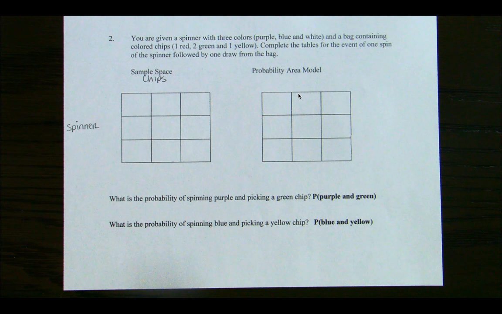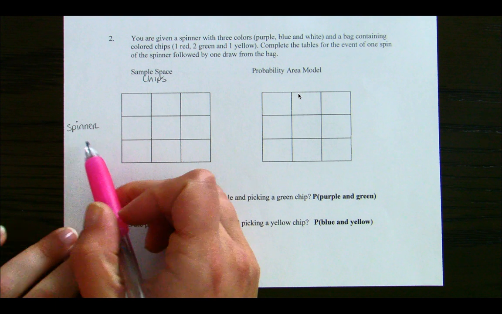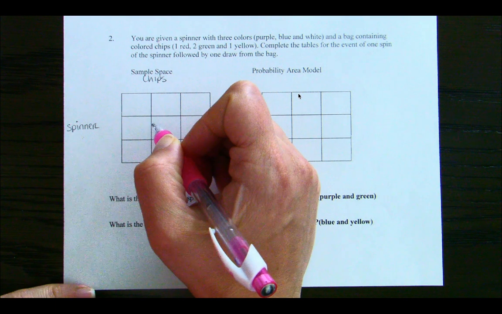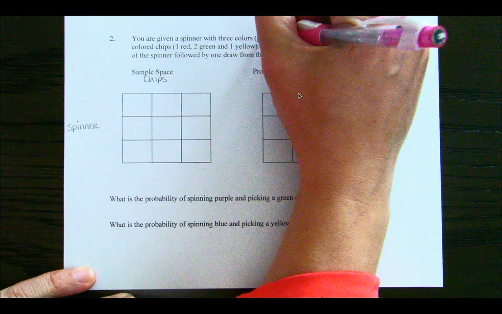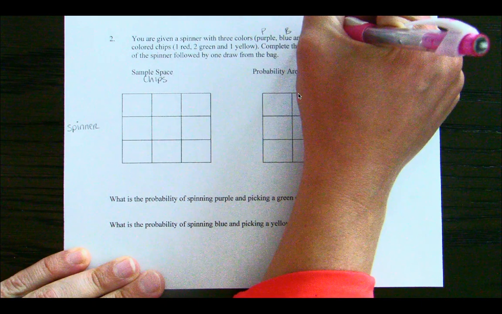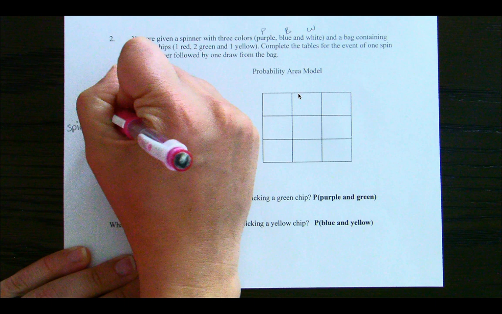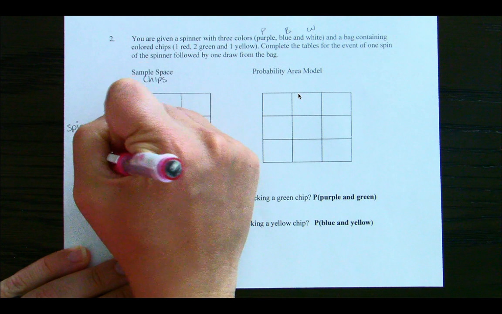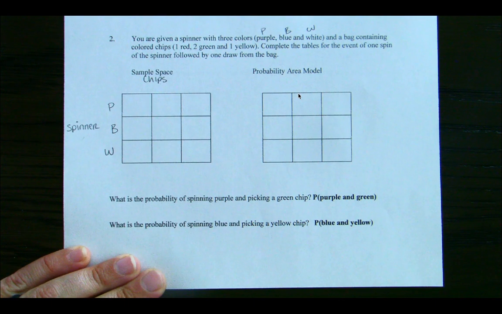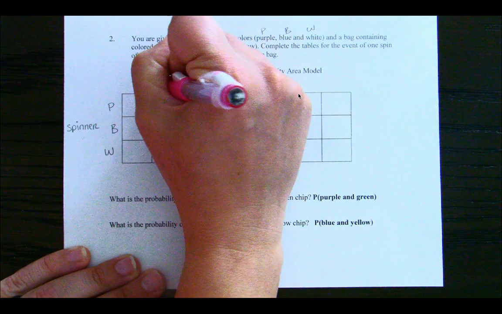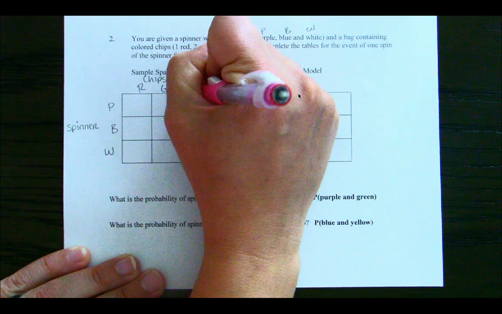The first thing I'm going to do is label my left side spinner and the top chips. I have purple, blue, and white. I'm abbreviating them, which makes it a lot easier. And then I have my colored chips: red, green, and yellow.